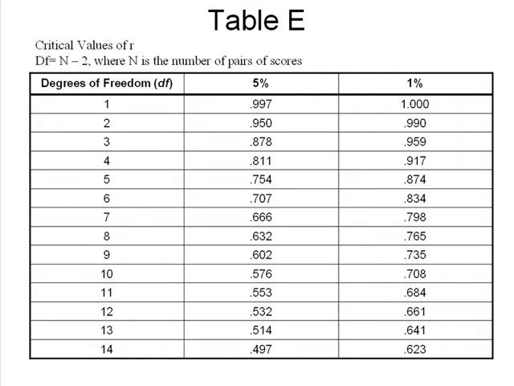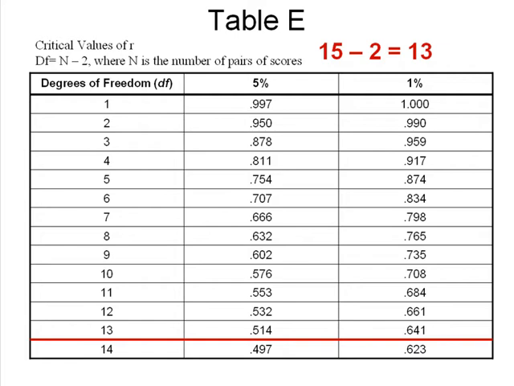So if the degrees of freedom are n minus 2, and we had 15 scores, well, 15 minus 2 equals 13. So we go down our degrees of freedom column until we come to 13. I've underlined that row in red for you. Our degrees of freedom are 13, and our alpha was 0.05, so we go to the 5% column, and we find our critical value is 0.514.